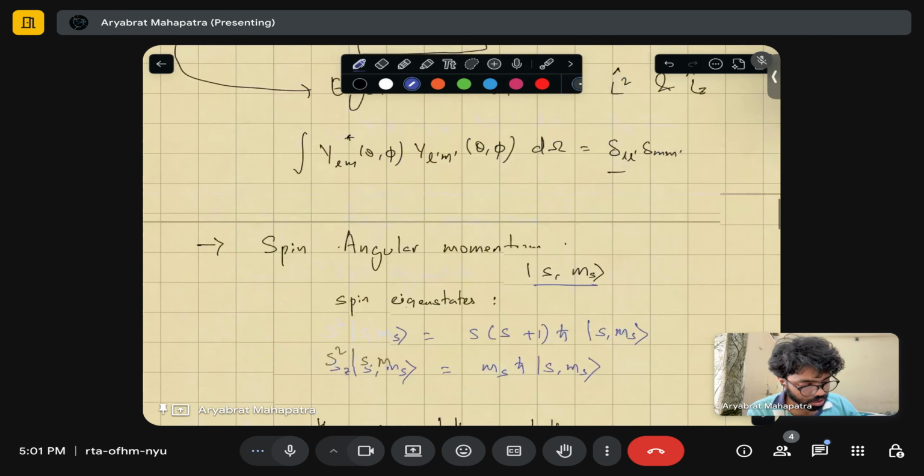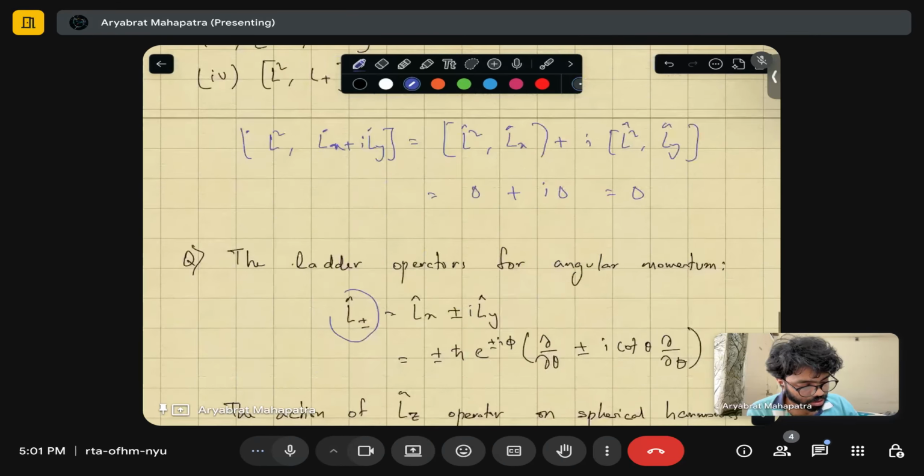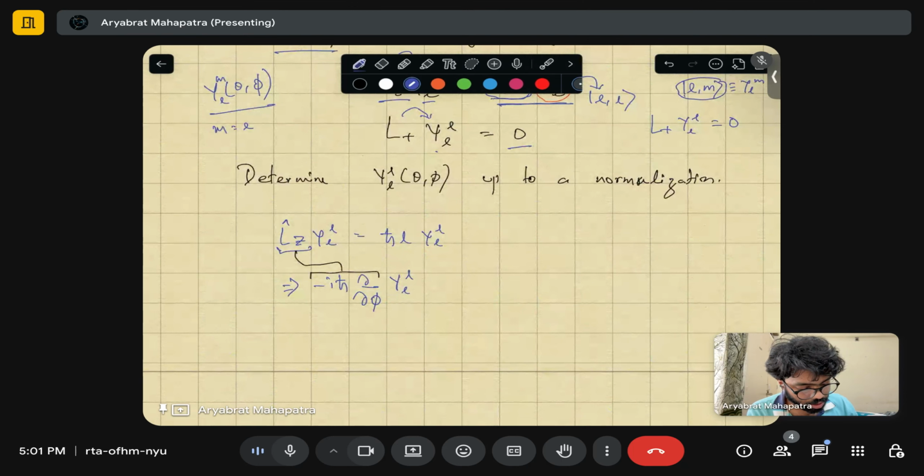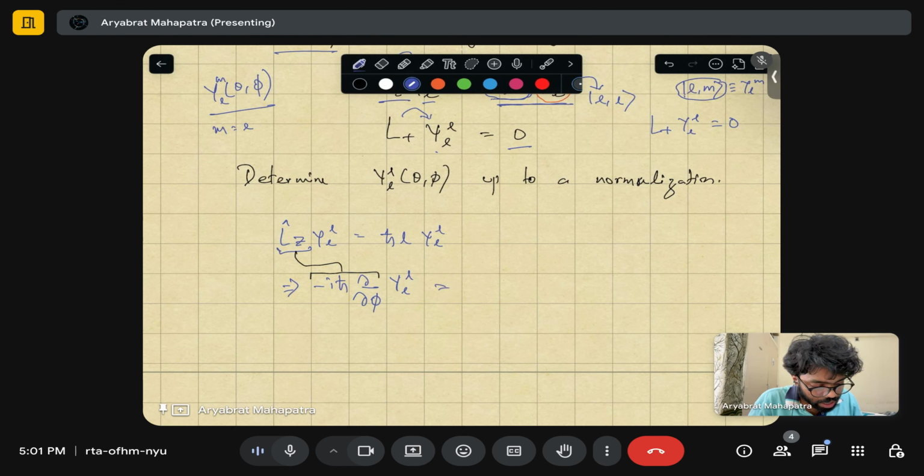Using that, you write your LZ operator acting on the eigenfunction YLM, and that gives you H bar L YLL.